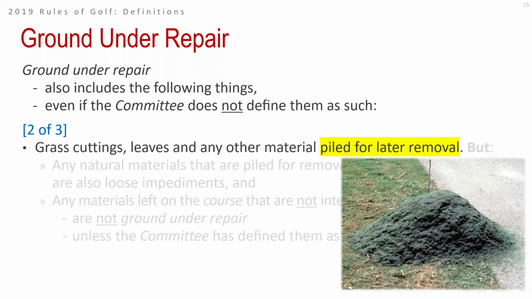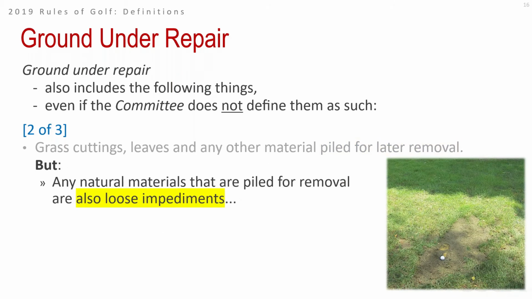But you might see this somewhere, a stack of leaves or a stack of grass cuttings like this example adjacent to a cart path to make sure somebody coming by picks those materials up. However, any natural materials that are piled for removal are also loose impediments. So you could be off the fairway in an area that is not heavily trafficked, where the maintenance staff dumps these grass clippings.